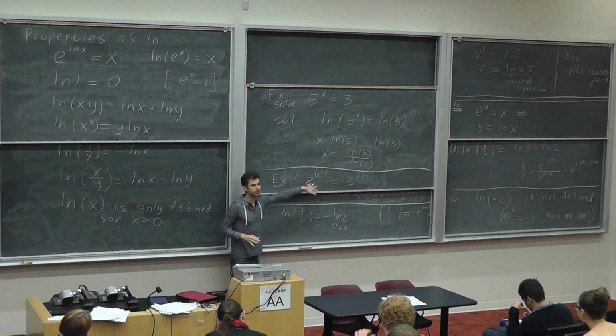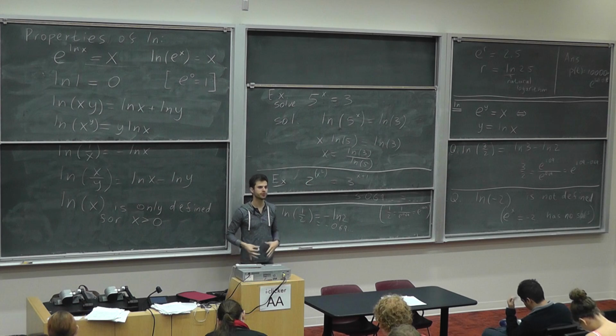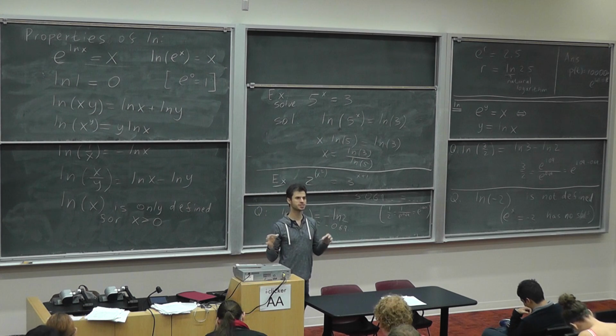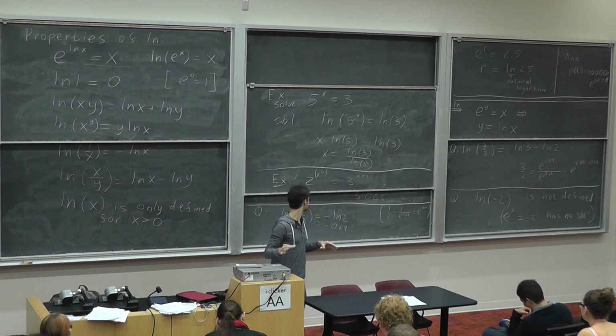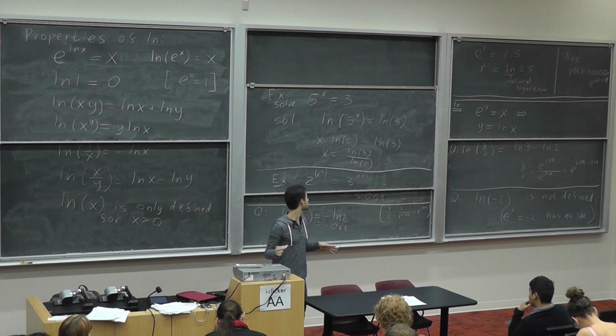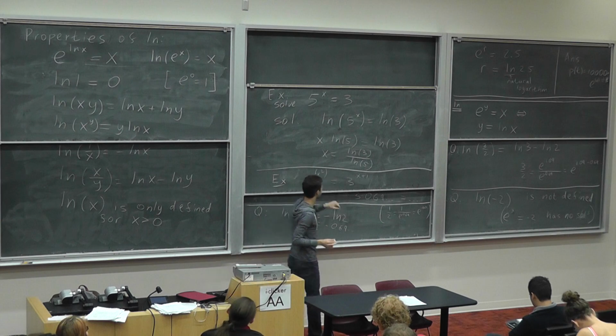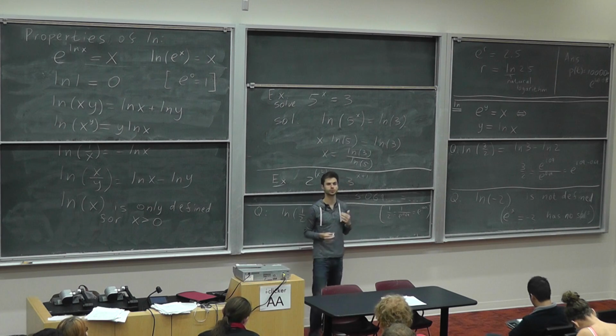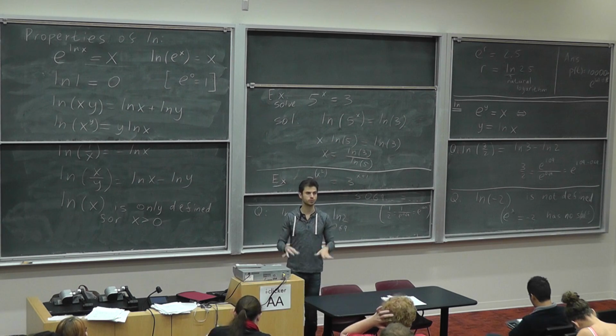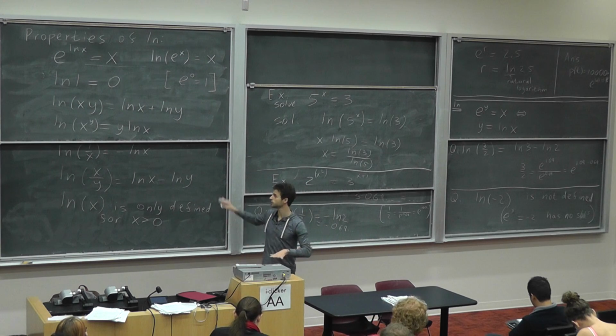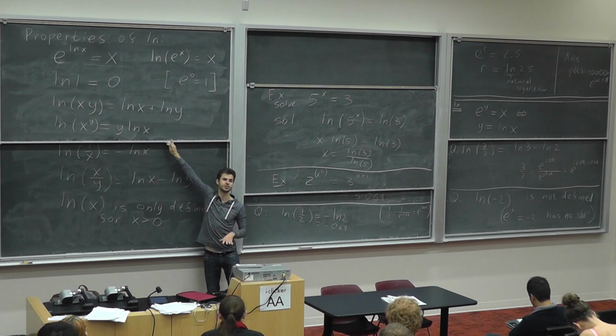So any equation of this kind where you have on one or both sides expressions, maybe quite complicated, which involve powers. So here I have 2 to the power x squared, here I have 3 to the power x plus 1. A good idea is to apply logarithm to both sides. It will simplify the equation immediately.